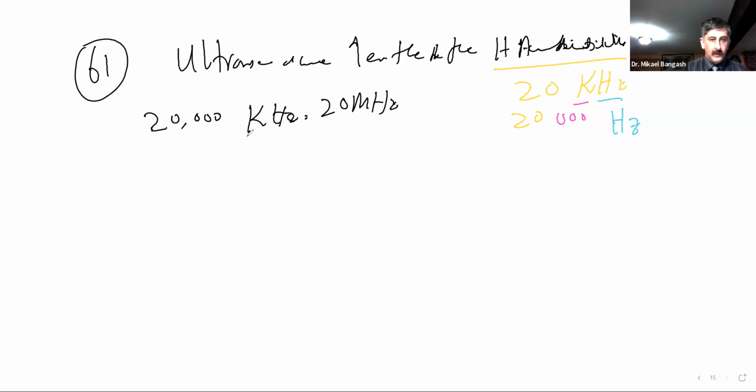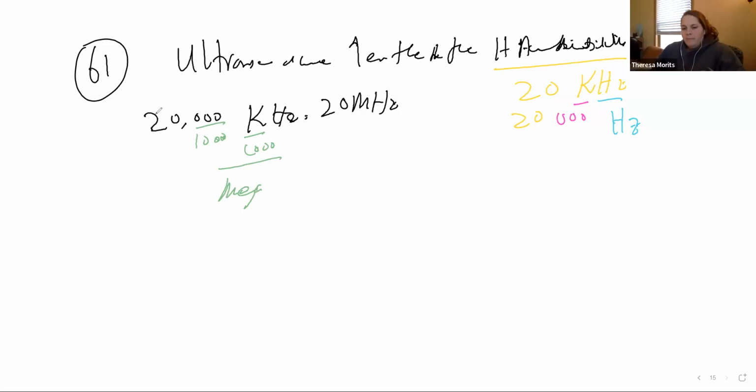Because as I said earlier, this is 1,000, and this here is another 1,000, and 1,000 becomes a mega. And 20 is 20. Did that make sense? Yes, the 20 is correct, but what else comes after it is making a hell of a difference.